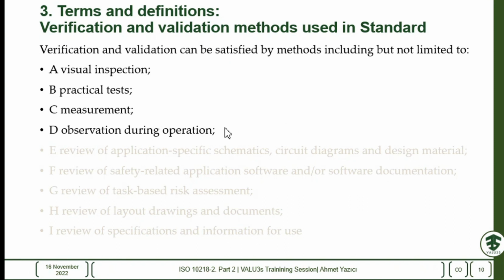Actually, the original standard, for example, asks for visual inspection, more focused on the human side. Okay, a human can make a visual inspection, but when you consider high perception issues, since the quality of sensors has increased, some of the inspection missions can also be realized by systems, including the practical test and measurement.